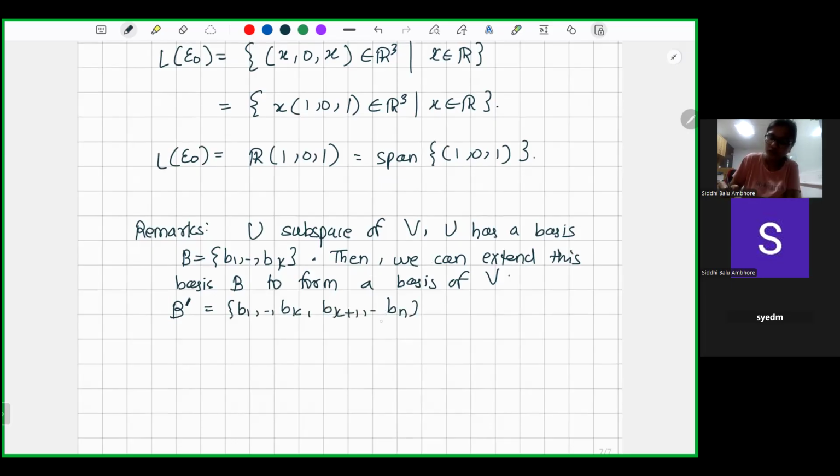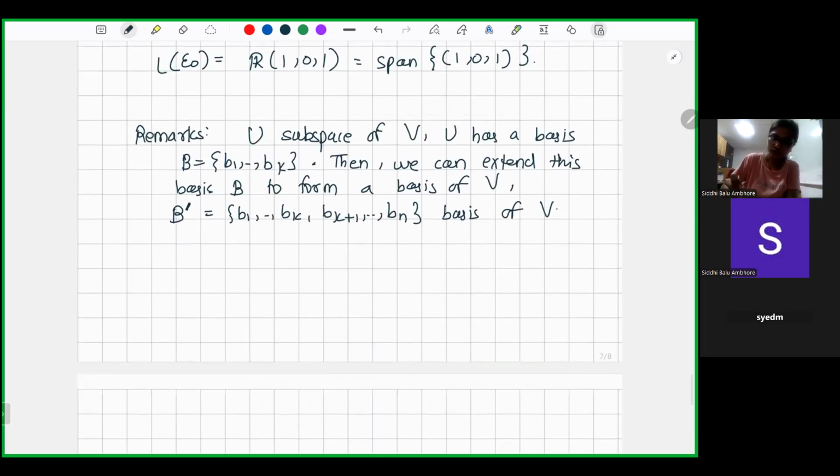I'm assuming just for the sake of simplicity that it is finite dimensional. It need not be finite dimensional, but if this is a basis of V, then this U dash will be the span of BK plus 1 to Bn, and V will be U plus U dash.